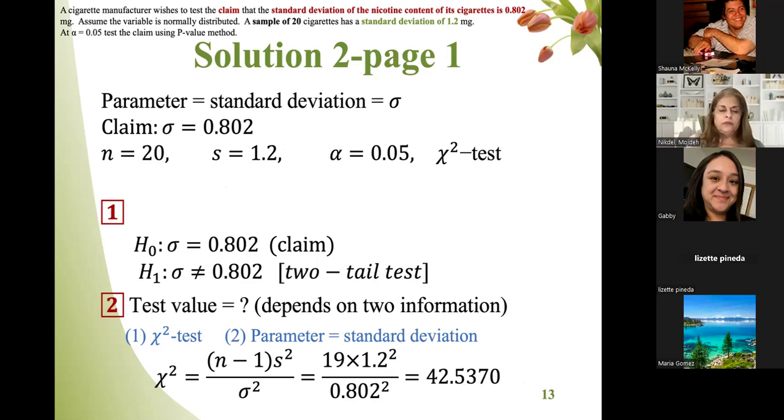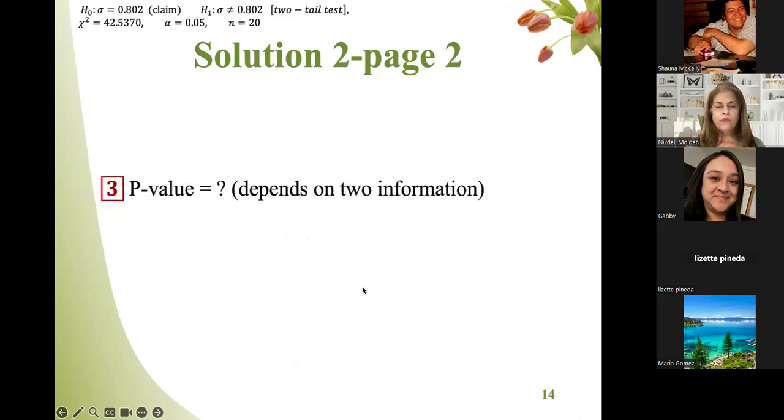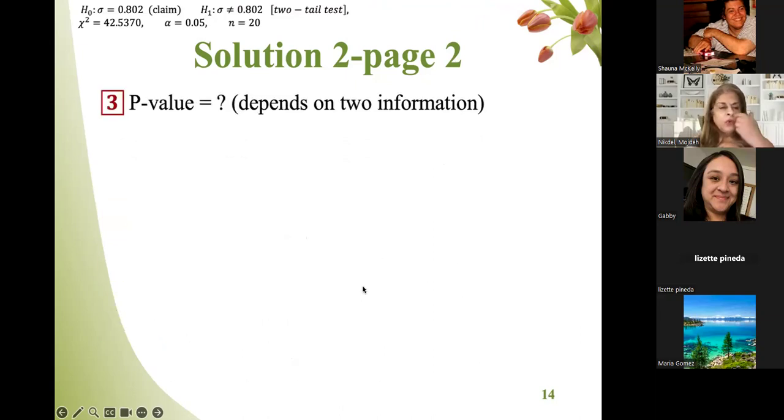Not seeing anything in the chat. Okay, thank you. Now, step 3. With the p-value method, the steps are given to you in the formula sheet. We have to find our p-value. I need to know what type of statistical test I have, chi-square, and the tail test, two-tail test, from step 1.